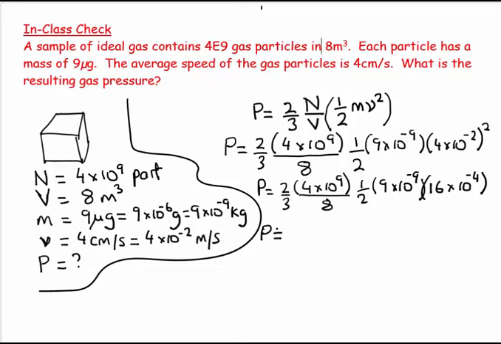So I come along and I say, okay, fair enough. It's 2 times 4 second EE to the plus 9, enter, times 9 second EE to the minus 9, enter, times 16 second EE to the minus 4, enter, divided by 3, enter, divided by 8, enter, divided by 2, enter.